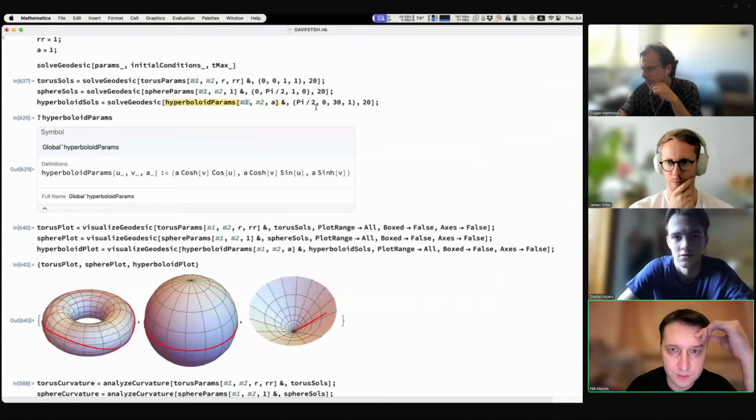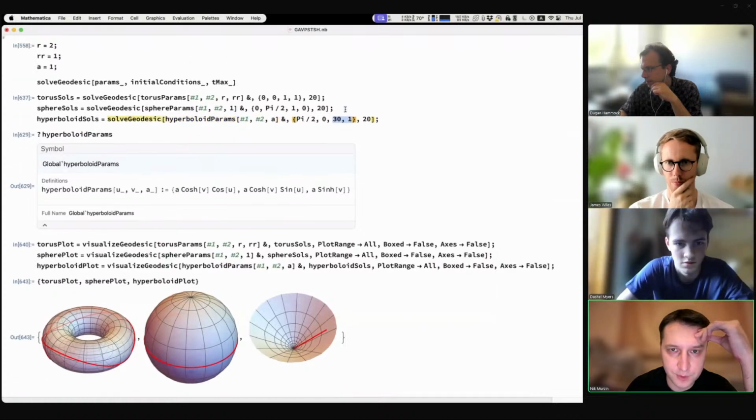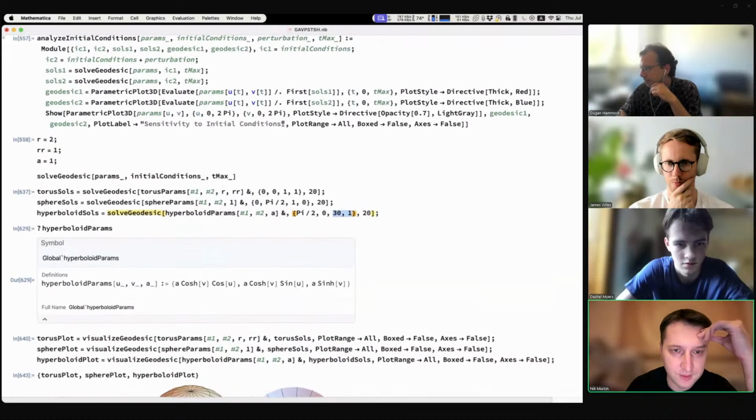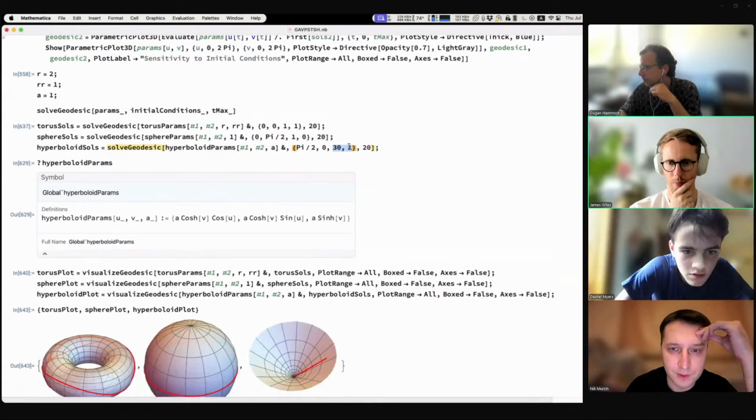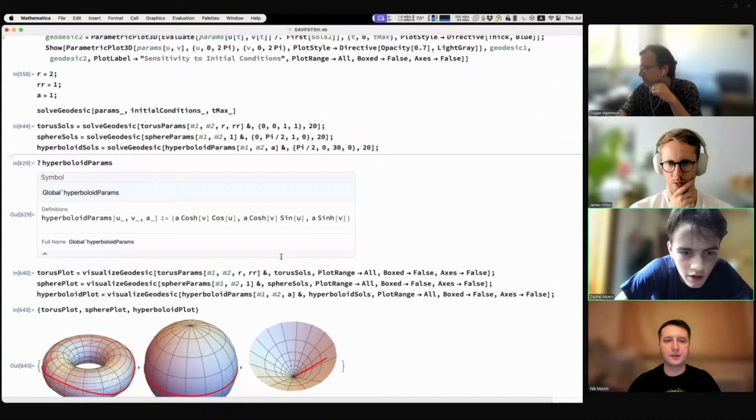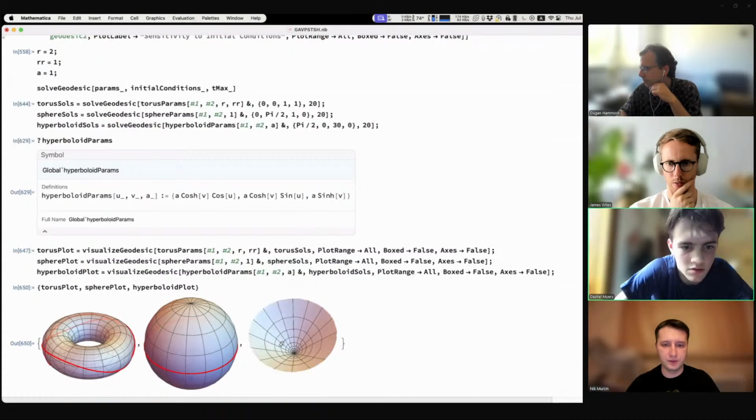What are those parameters again? I think the 30 is the length or the distance. Yeah, that's like the length.